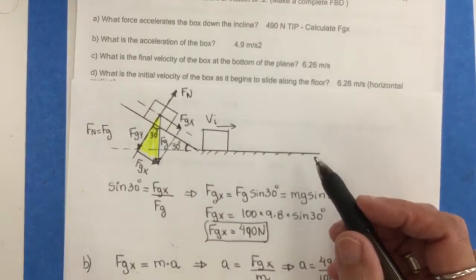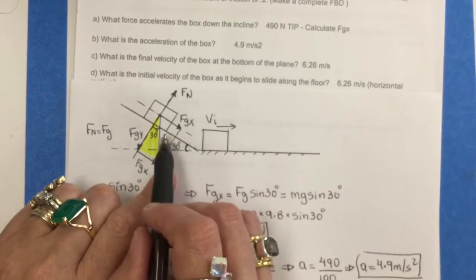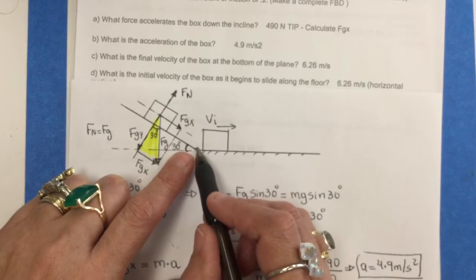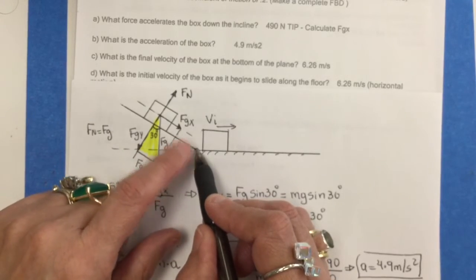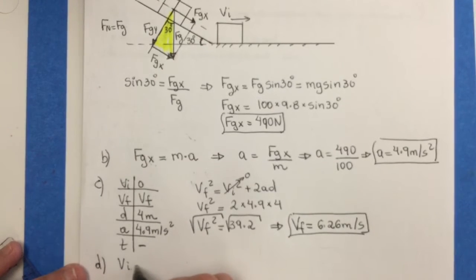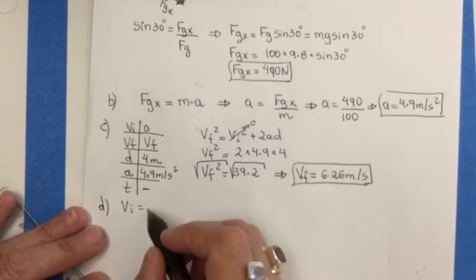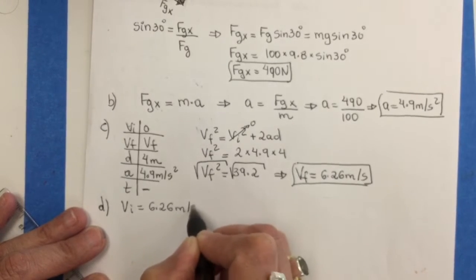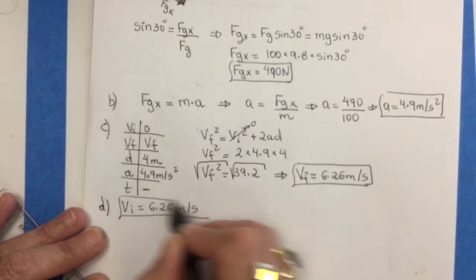It's very easy to observe that at the transition from ramp to flat, the initial velocity will be exactly the final velocity from the ramp. So the initial velocity is equal to the final velocity when the box hit the bottom of the ramp.